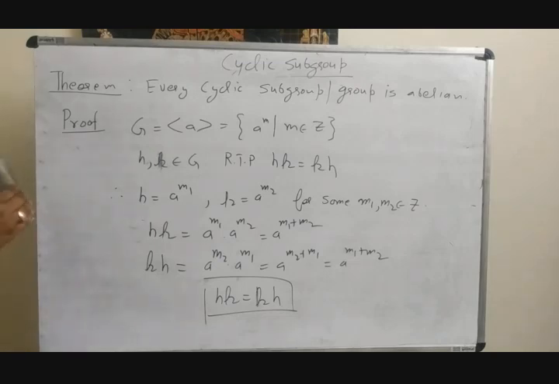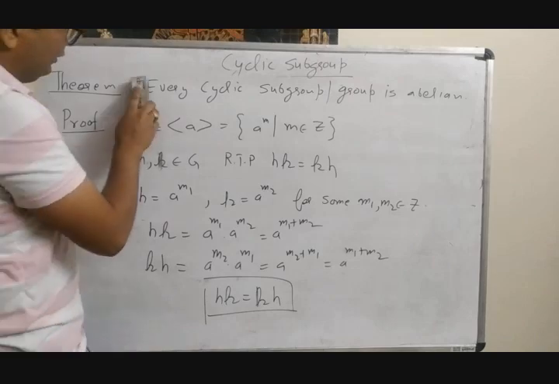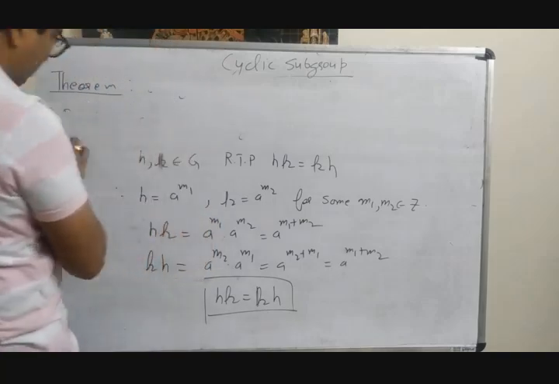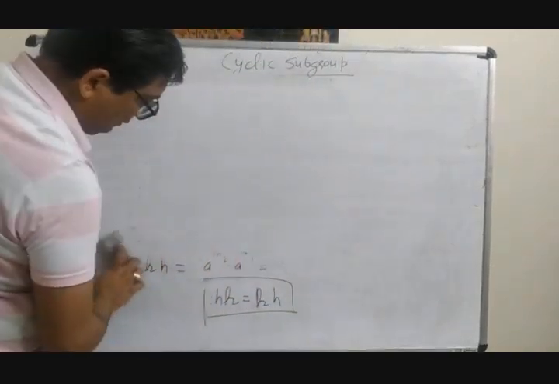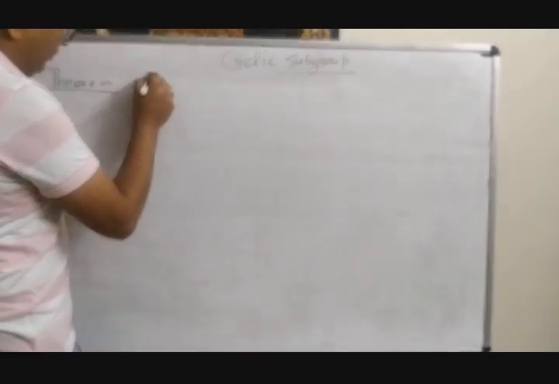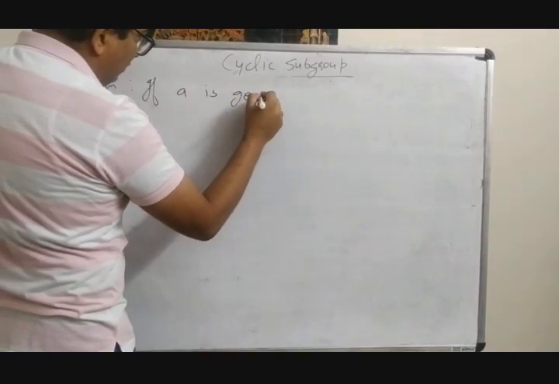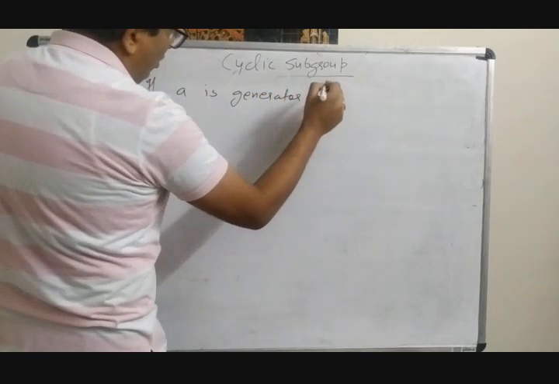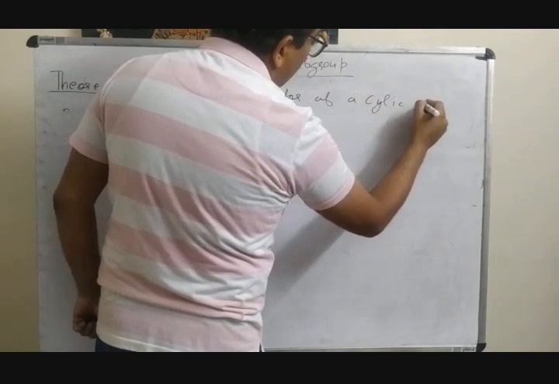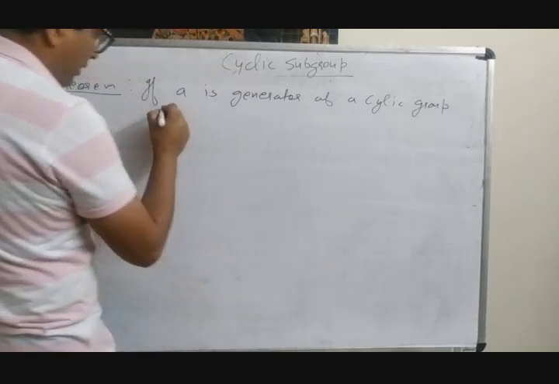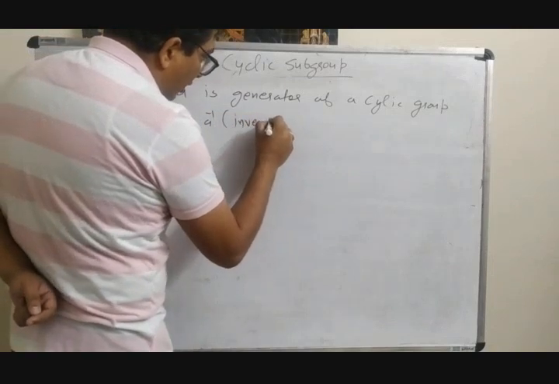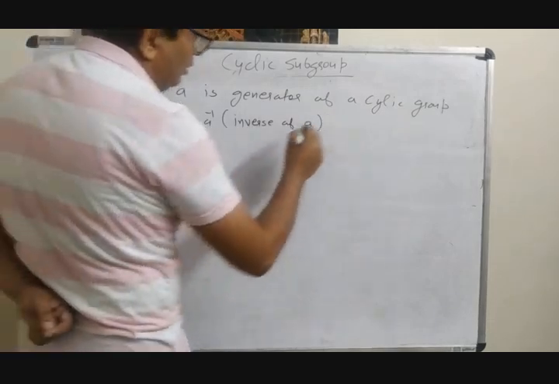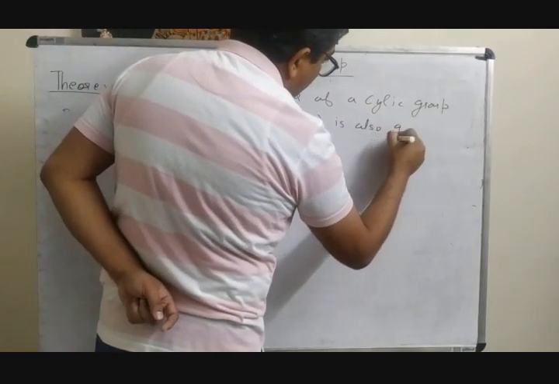So the next result which we want to prove is: if A is the generator of a cyclic group, then A inverse, the inverse of A, is also a generator.